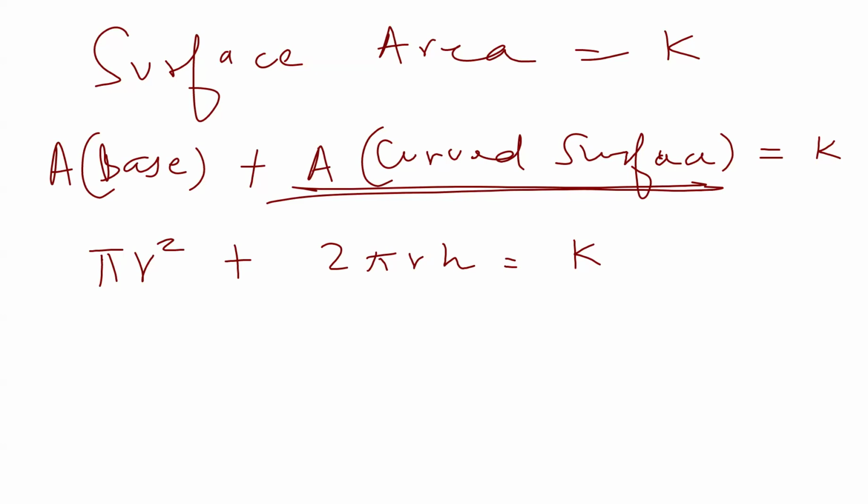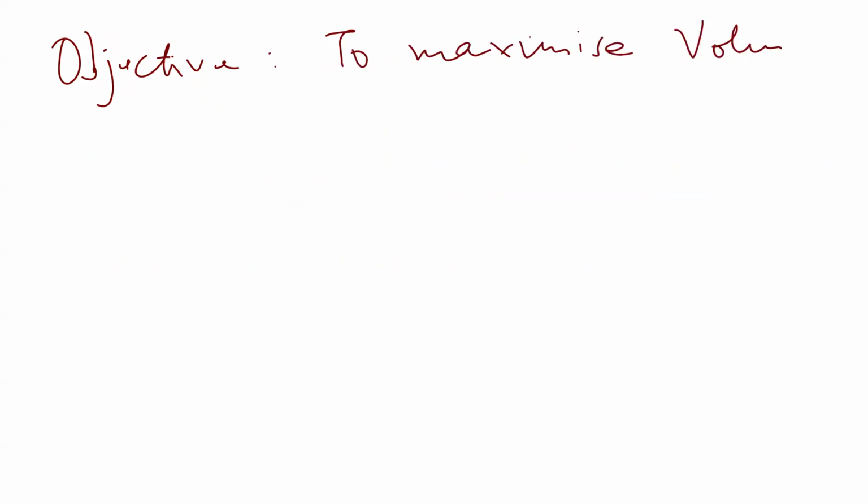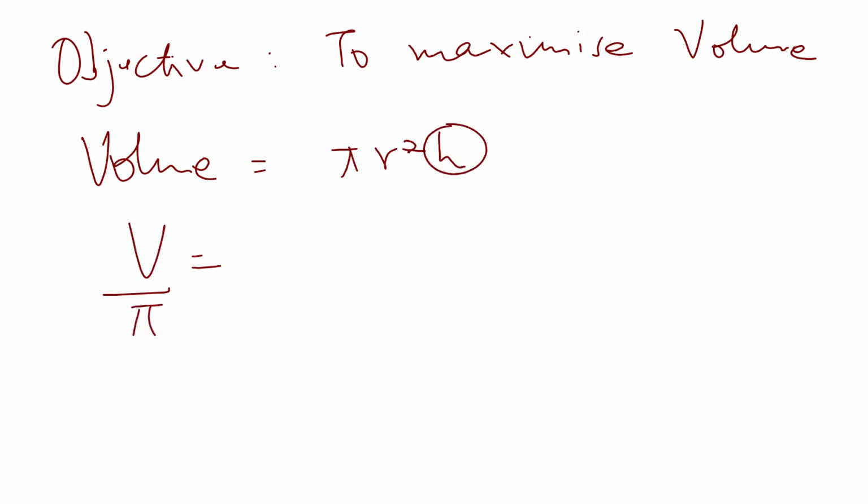Now the objective of the problem is to maximize the volume. So volume of a right circular cylinder is nothing but pi r square h. Now we are not going to touch r square.